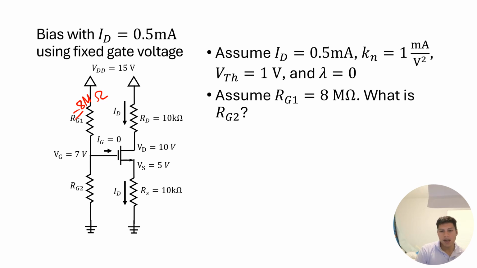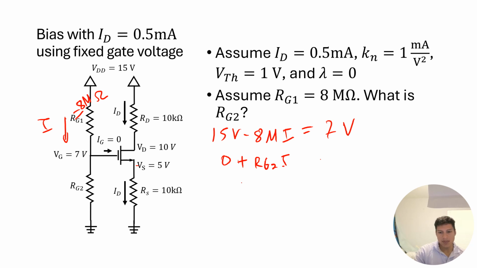What does RG2 have to be? Well, we need 15 volts minus 8 mega ohms times I, and I'm going to call this current I, to be equal to 7 volts. And we also need 0 plus Rg2 times I to be equal to 7 volts.